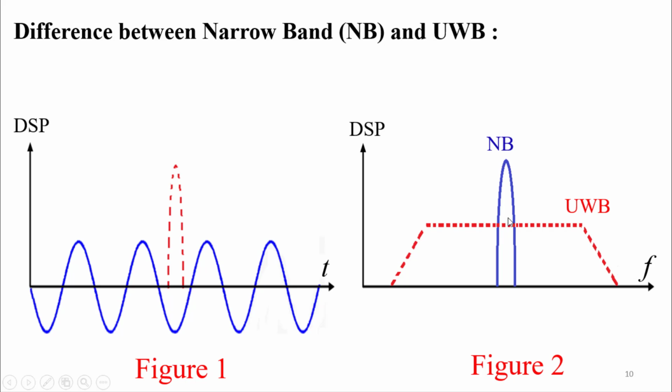If we also compare the power spectral density, we can observe that narrow band has a big power spectral density, but for ultra wideband we have a small power spectral density. This is the advantage of ultra wideband characteristics: we have ultra wideband and a small power spectral density. Okay, so this is the difference between narrow band and ultra wideband in temporal representation and frequency representation.